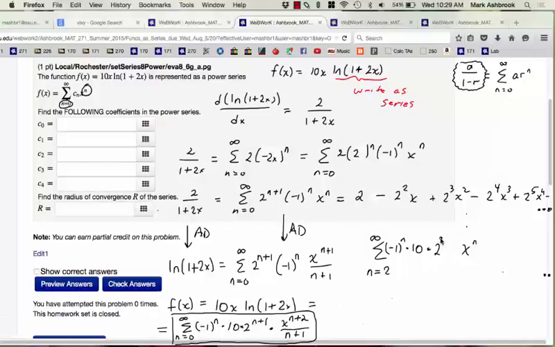So we want 2 to the n minus 1. And when we got that x squared term, it was over 1. So if n equals 2, that would be n minus 1.